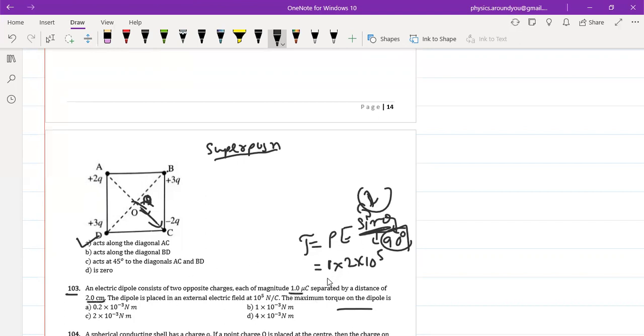So 10 power minus 6 into 10 power minus 2 is 10 power minus 8. Then 10 power minus 8 into 10 power 5 is 2 into 10 power minus 3. So the option is 2 into 10 power minus 3. So wherever you see 2 coming in the answers, don't do much number work; mark wherever you see 2 in the options. That is how you save time.